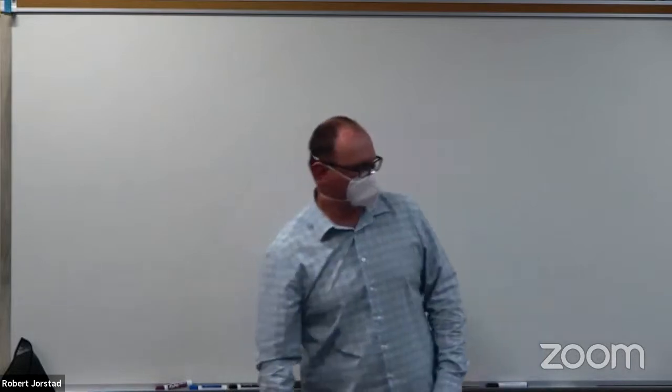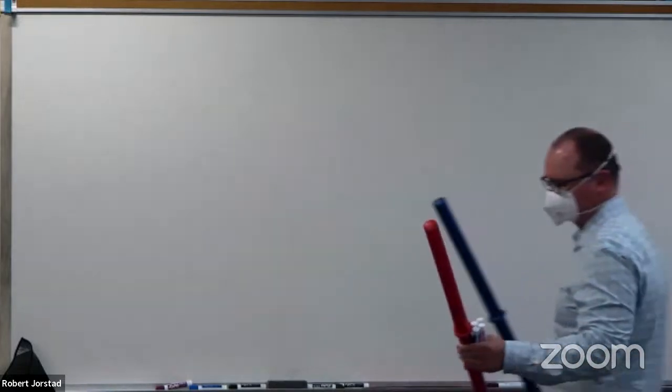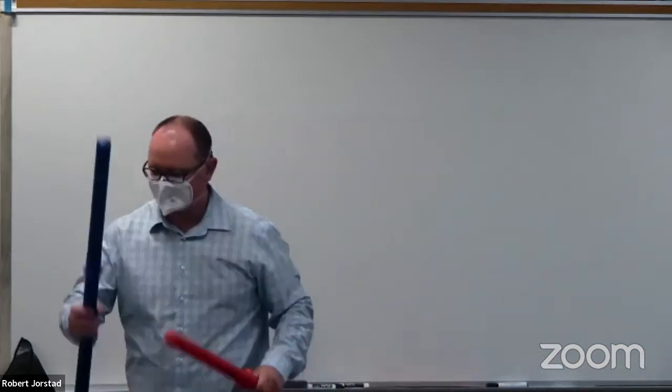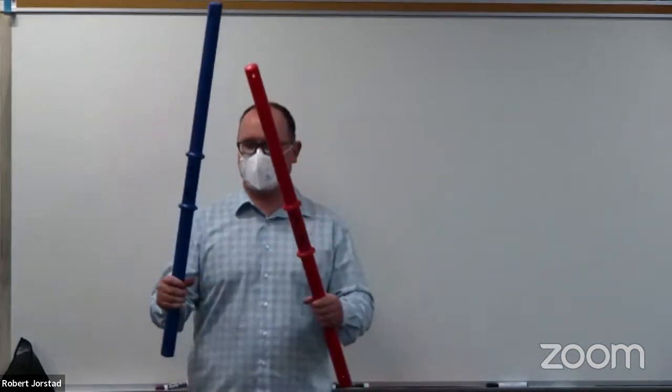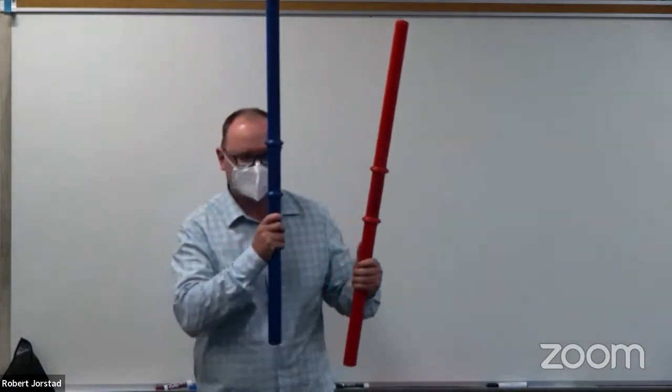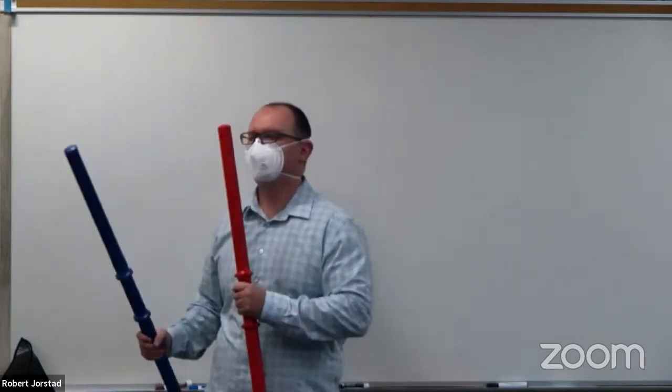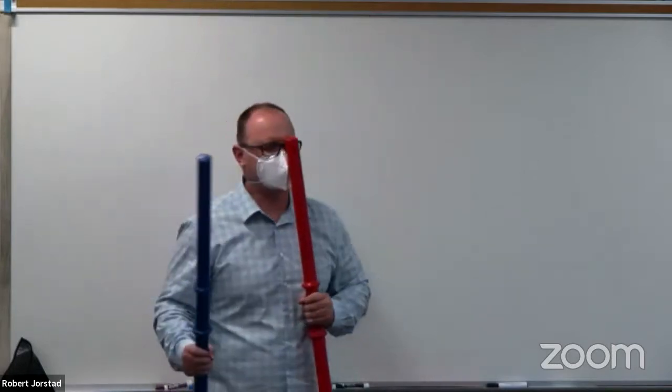Here's why. Let me just grab an object. Let's start with this. You've got a couple of these, you can pass them around. You can imagine these two objects have the same mass. You can put them on a scale, and I don't know if you can see this, there's a hole at the center, right? This one, there's a hole at the end.